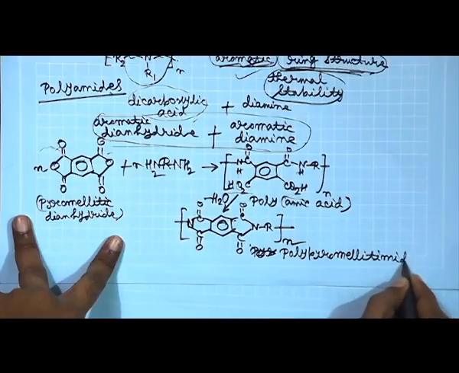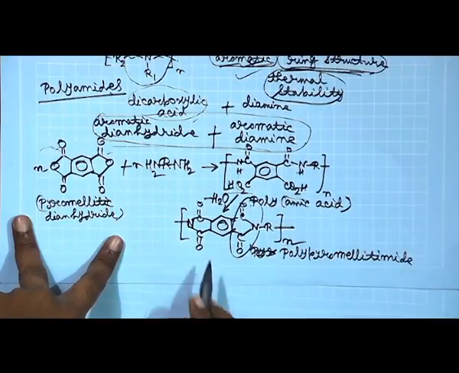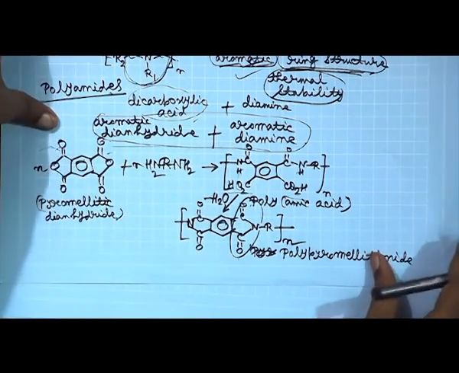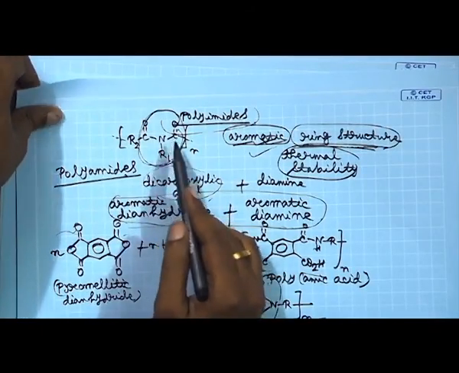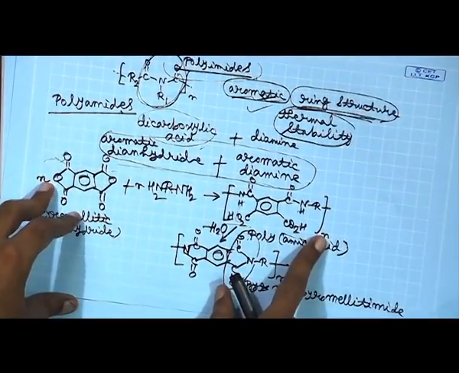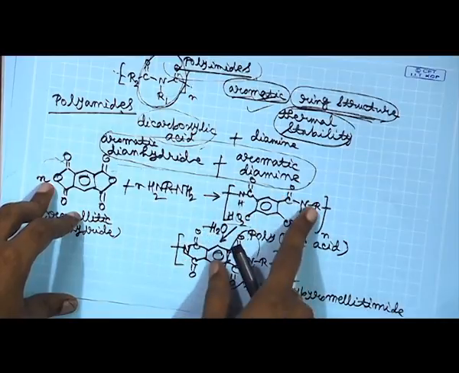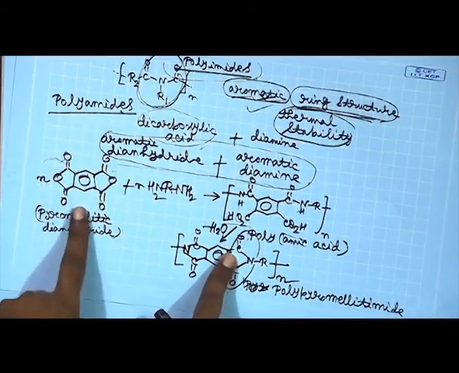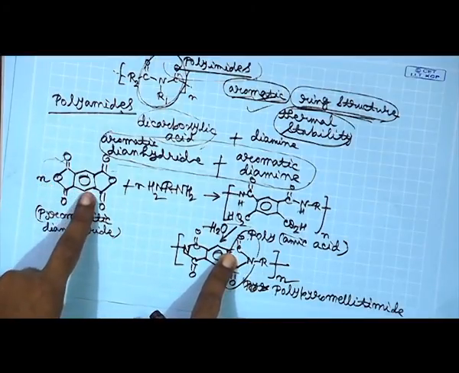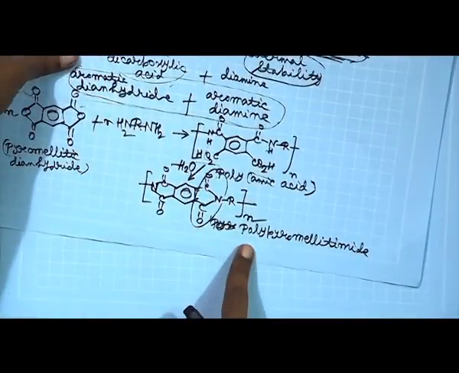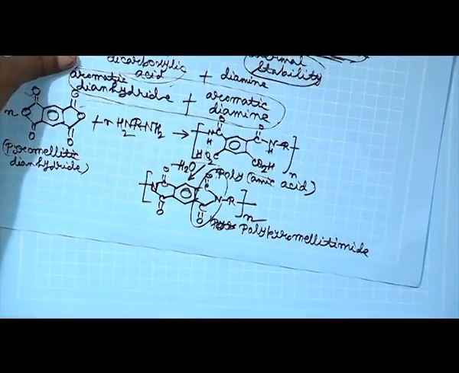You have this imide linkage, CONCO, present here. So, this is a two-stage process. In the first stage you get polyamic acid, and on further heating it cyclizes and gives you the polyimide. In this case you started with a specific anhydride, pyromellitic dianhydride, so you got what you call polypyromellitimide.